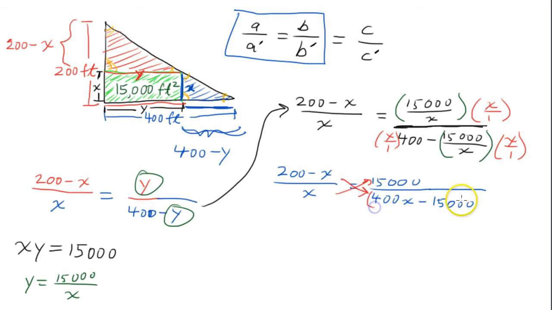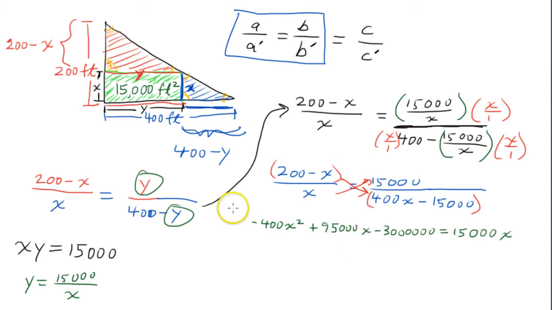And notice that I'm multiplying this entire expression, 200 minus x times 400x minus 15,000. And just to break convention here, I am going to skip ahead a couple of steps while I do that. That is the result that we get after we cross multiply. And let's factor out or divide out some stuff to make these smaller numbers that we can, and clean it up a little bit.